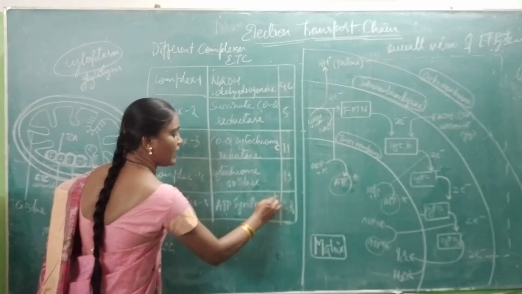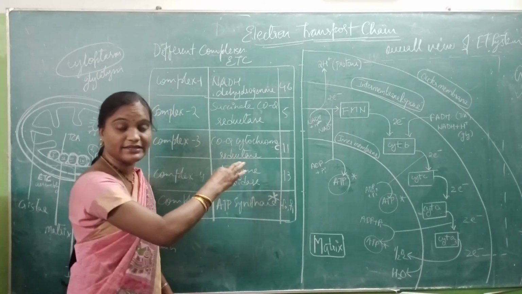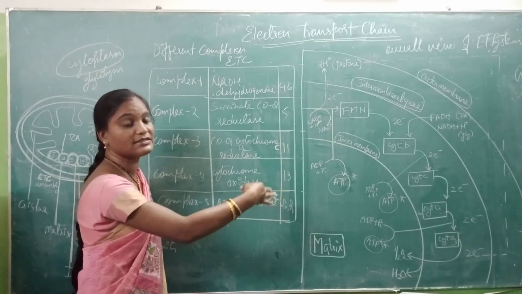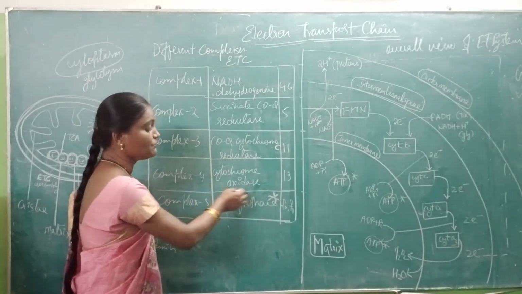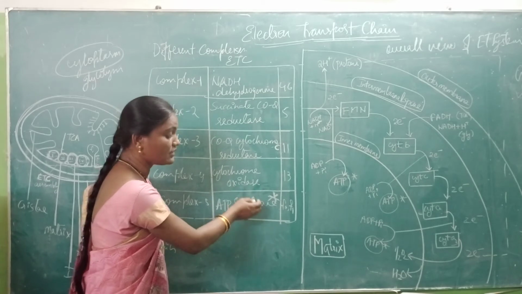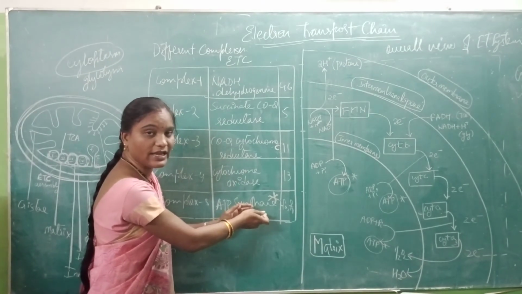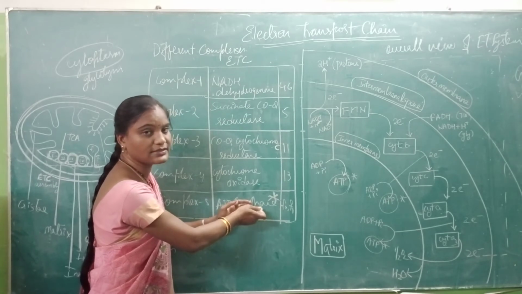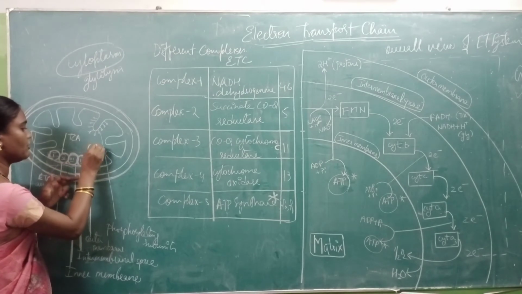Here your actual oxidative phosphorylation will take place. Whatever electrons are released up to complex 4, those electrons will come in contact with this complex 5, and here actual ATP synthesis will take place, that is in the F0, F1 pattern.